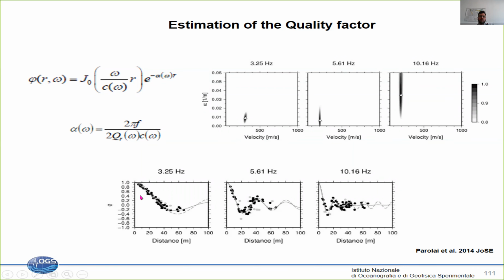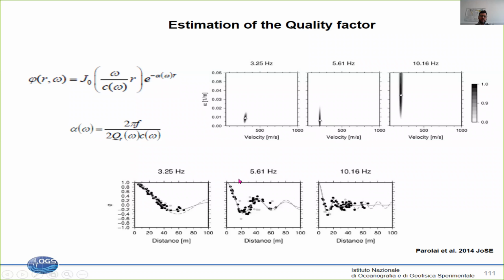It's clear that for 3.25 Hertz in this case, we can again constrain very well. There is no velocity change with respect to the original one without using attenuation. This is the triangle. And the quality factor or the attenuation is reasonably identified. So there is a small variation. There is quite a clear minimum also as a function of alpha.